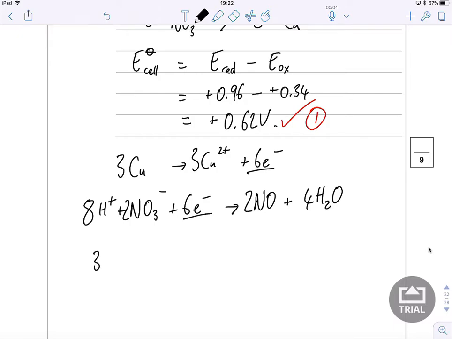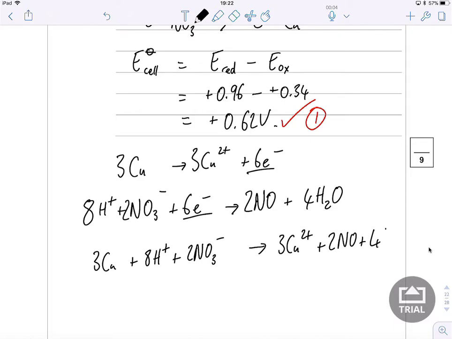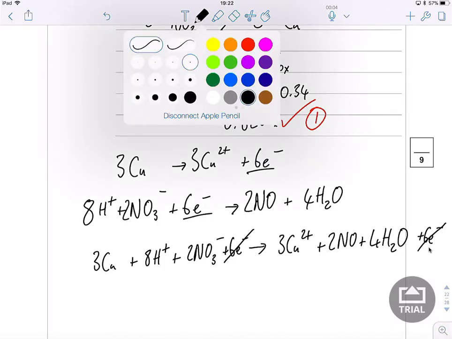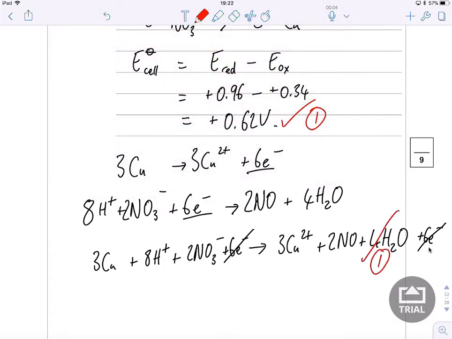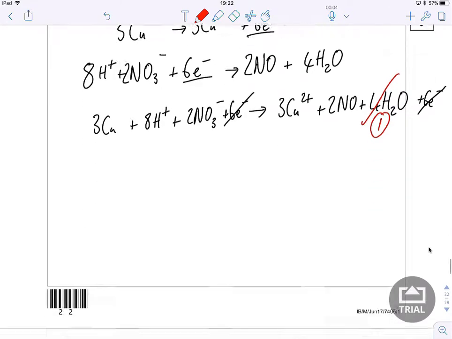So 3 coppers plus my 8 hydrogens plus 2 NO3-, making 3 copper 2+, 2 NO, plus 4 H2O. I could write on my 6 electrons on both sides, but they would just cancel each other out, so I would leave them off. And that's my final mark, my 4th mark for that question.